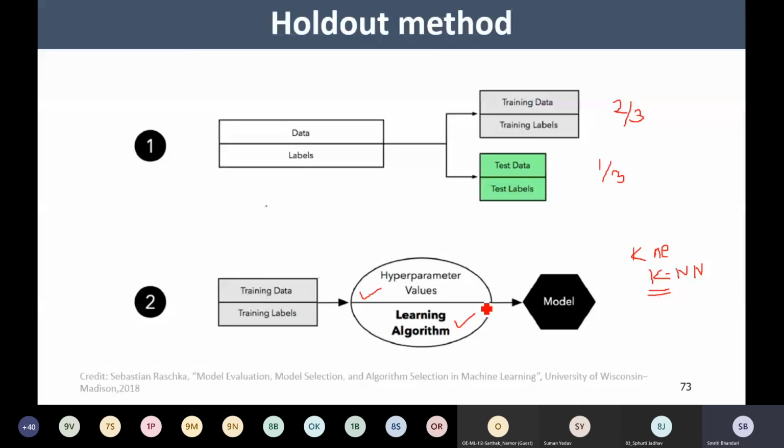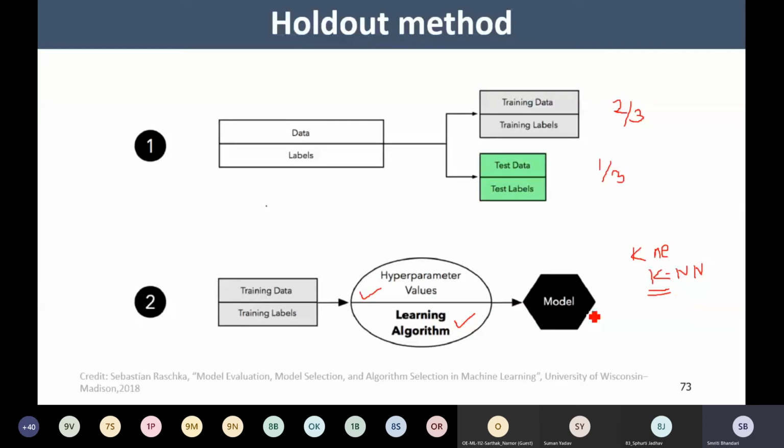So the hyperparameter values are the parameters that we need to set initially, usually manually. What would be the best value of K that I need to set earlier? Such kinds of hyperparameter values we need to provide for the learning algorithm.